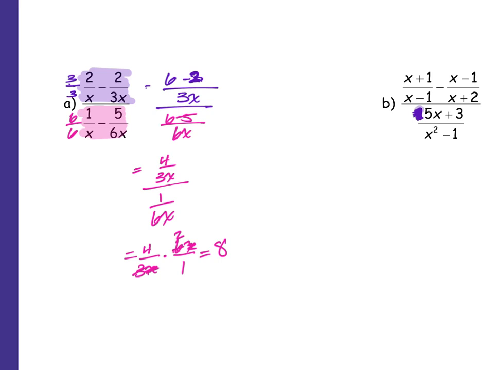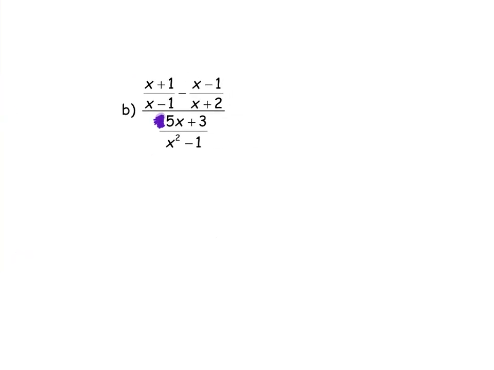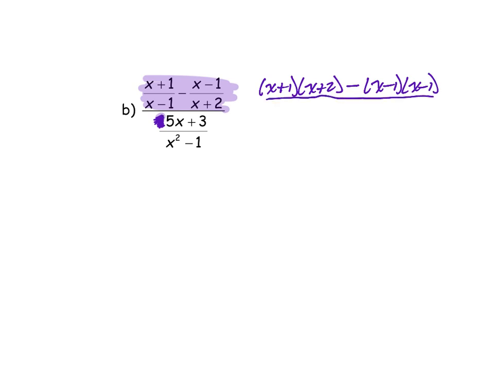All right. And then B. B is a little more complicated. So I'm going to deal with the top part first again. And so, like I kind of did on the other ones, I'm going to cross multiply. So I've got x plus 1 times x plus 2 minus x minus 1 times x minus 1, all divided by x minus 1 times x plus 2.